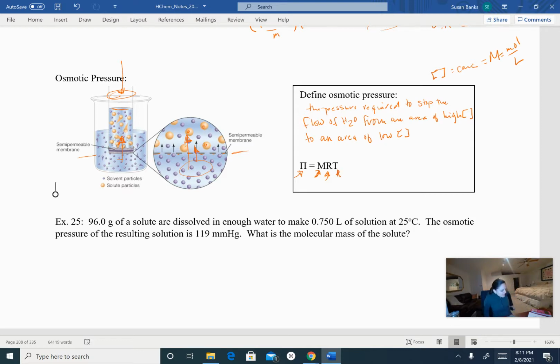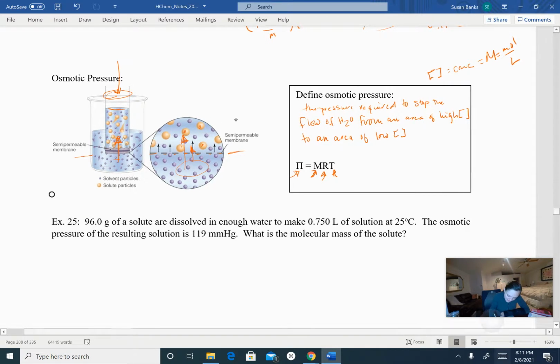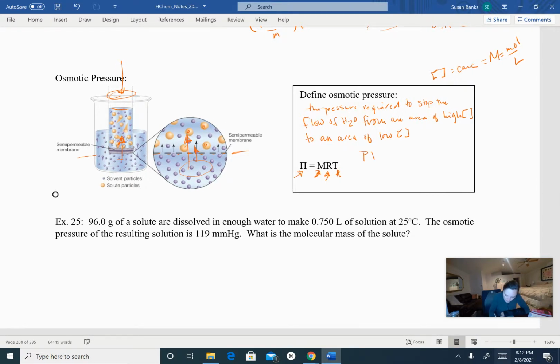Now the gas law constant R, we haven't done gas laws, so this is kind of a riff on the ideal gas law. The ideal gas law is pressure times volume equals n, the number of moles, multiplied by the gas law constant multiplied by temperature.